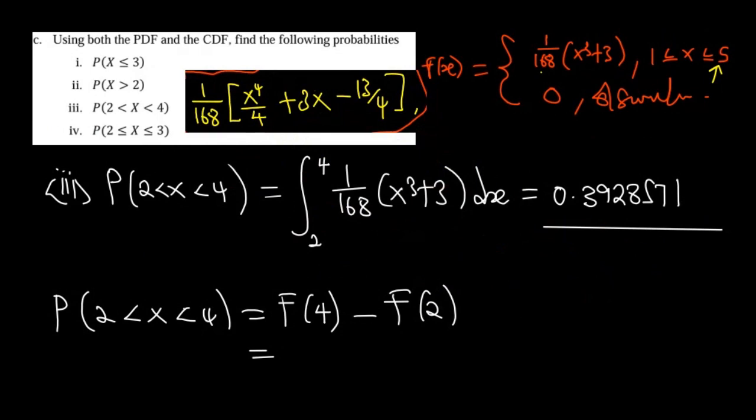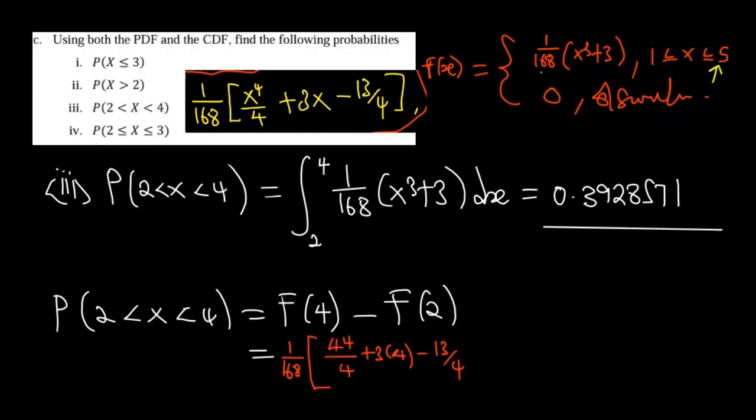So 1 over 168, and then in the brackets I'm going to factorize the 1 over 168 because I'll have it here and I'll have it there. So there I'll put 4 to the power 4 over 4 plus 3 multiplied by 4 minus 13 divided by 4.